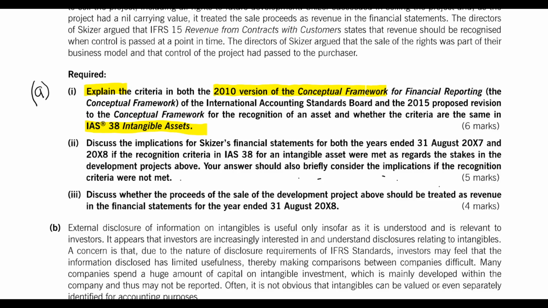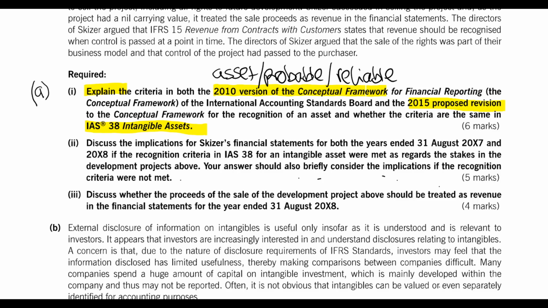In terms of the current conceptual framework, the recognition criteria for an asset revolves around 3 things. It has to meet the definition of an asset. There has to be a probable economic benefit that will flow, and that economic benefit has to be capable of reliable measure.